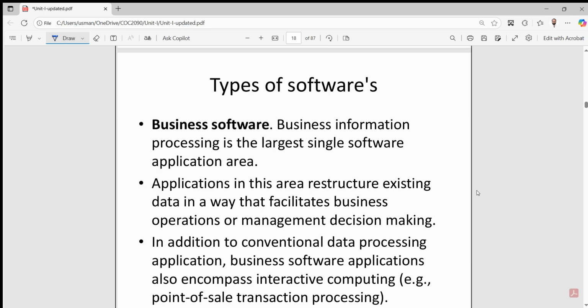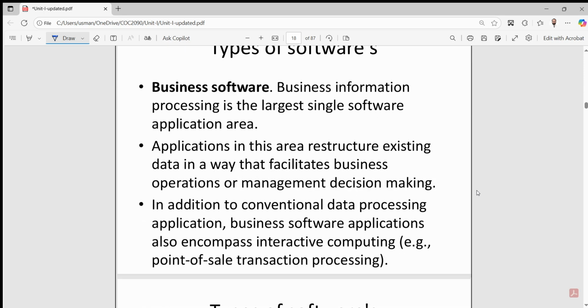The next is called business software. Business information processing is the largest single software application area. Now the business is of different types and different people use it, so it has huge classifications. The applications in this area restructure existing data in a way that facilitates business operations or management decision making.